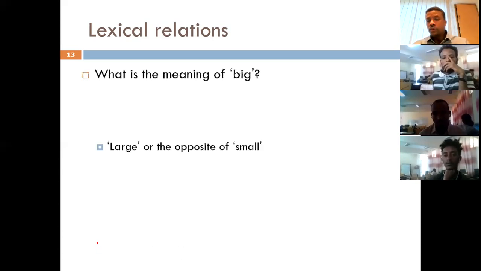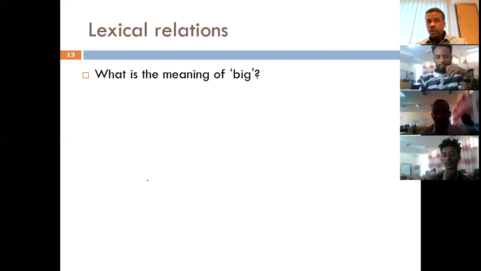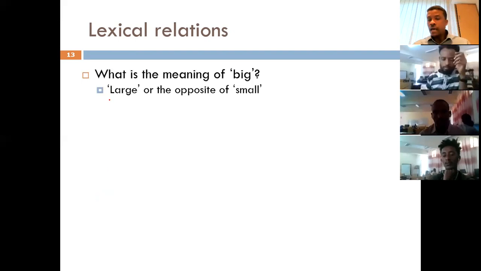As we said last time, the word big can have a dictionary meaning. But beyond that, you can relate it with another word called large, or with another word called small. Mind you, this is not a meaning of the word, but you can say big and large are related using a synonym relation, and big and small might be related using the antonym.